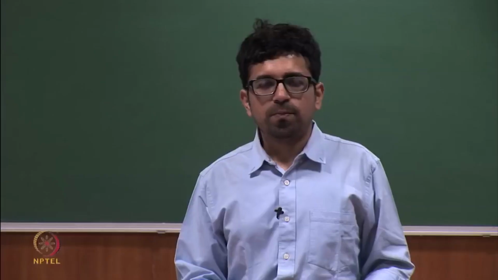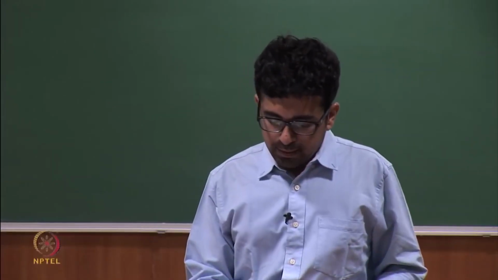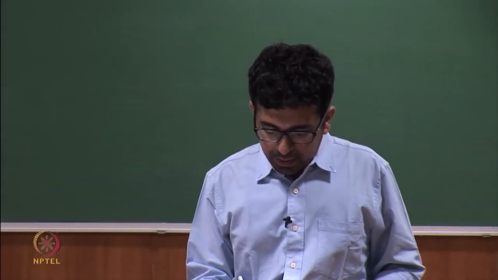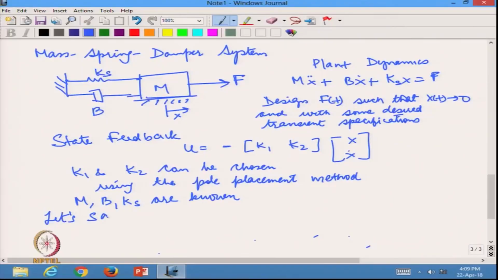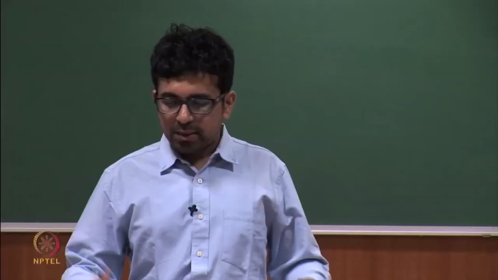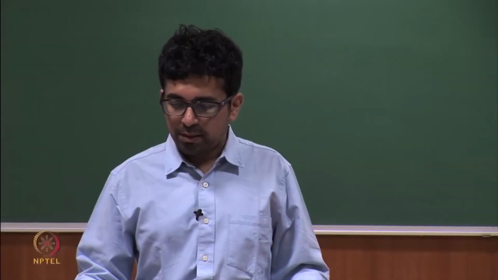which can achieve this objective. Now, if I tell you that, let us say, m, b and ks are unknown parameters. So, now how would you design a controller f of t to stabilize the system?